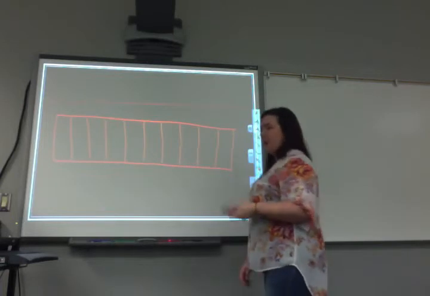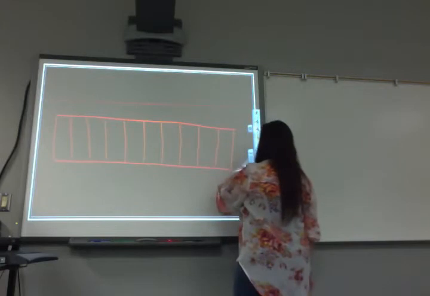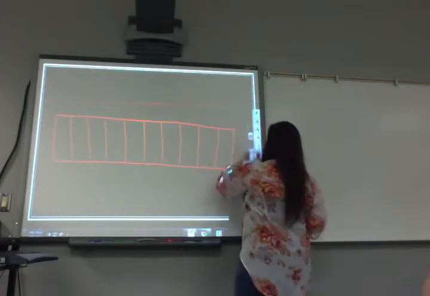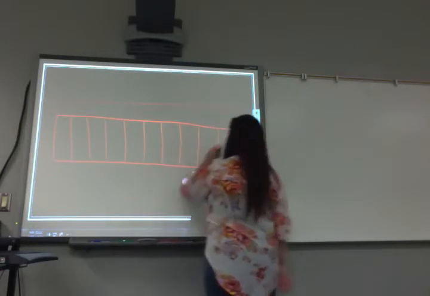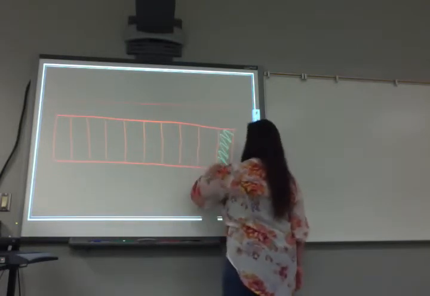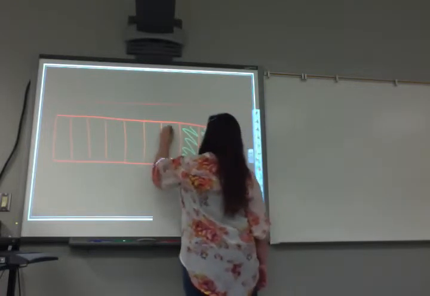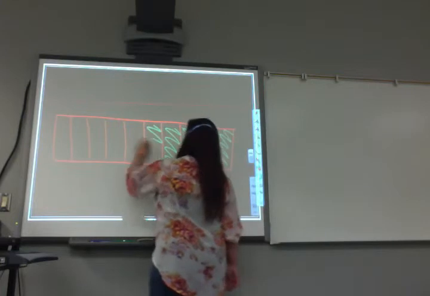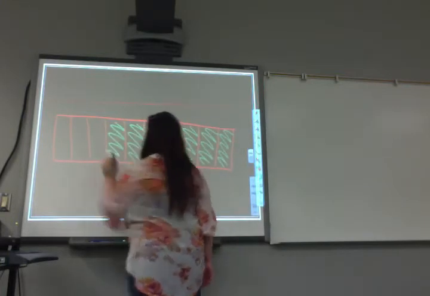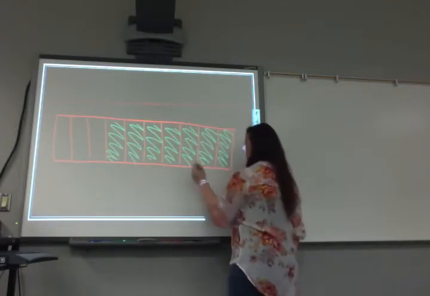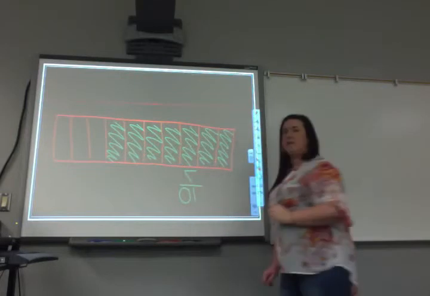And then 7 parts were eaten, so we are going to shade in 7 parts, using a different color. The green is going to represent the parts that were eaten. So 7 parts out of the 10 total parts were eaten. So the fraction is 7/10.